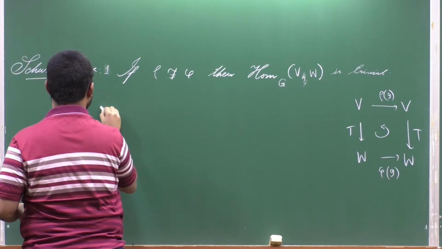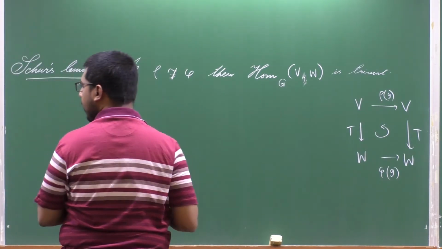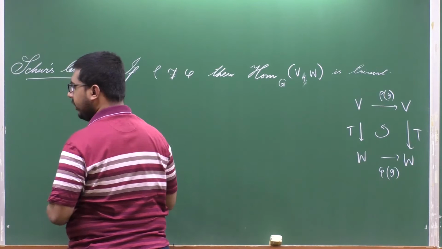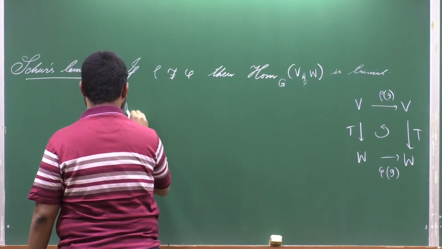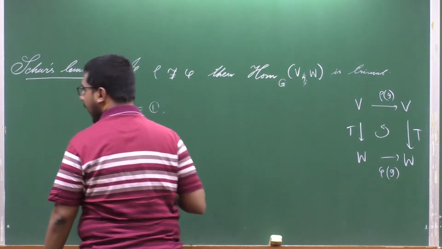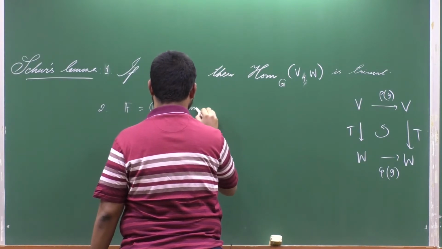In the second part, let us assume something. Now we assume that F is C and the dimensions of V and W are finite.